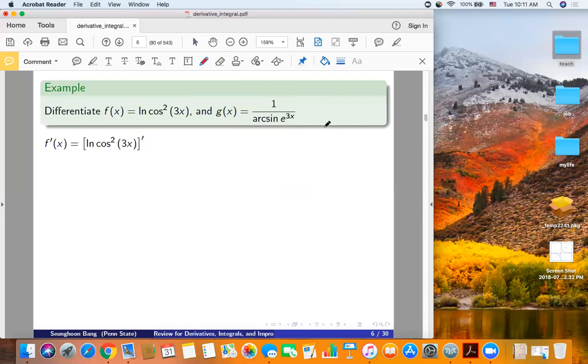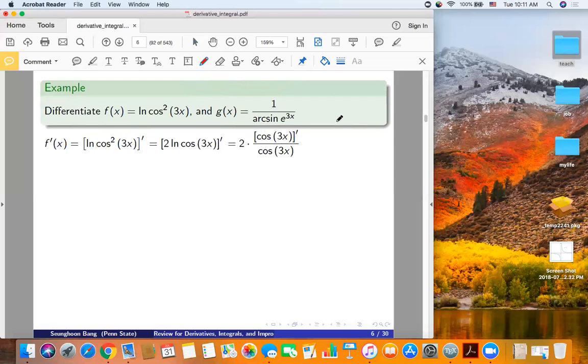First, f prime. How can we do that? The 2 comes down, because ln of x to the power r is r times ln of x. This is the reason. So the 2 comes down. Next, take the derivative of ln of cosine 3x.